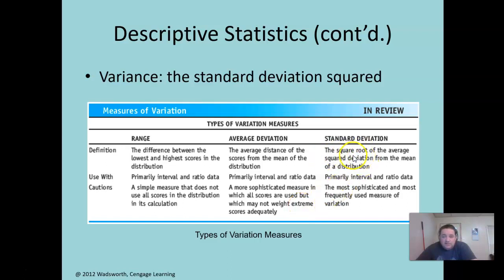And then standard deviation, the square root of the average squared deviation from the mean of a distribution, primarily interval and ratio data, and the most sophisticated and most frequently used measure of variation. And again, measure of variation is important because we want to know how well any point is represented by the data that we see.